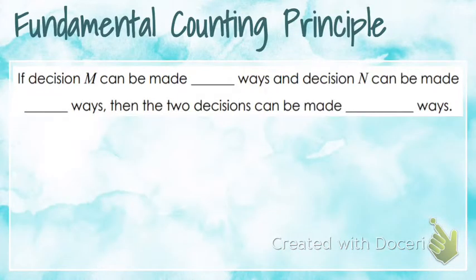The first section that we want to talk about is called the fundamental counting principle. So we're going to learn several new words today and their definitions, and they're all going to build up to some practice problems.